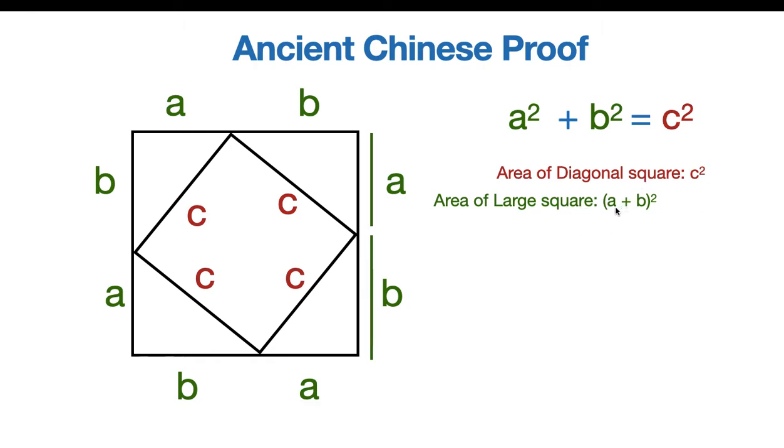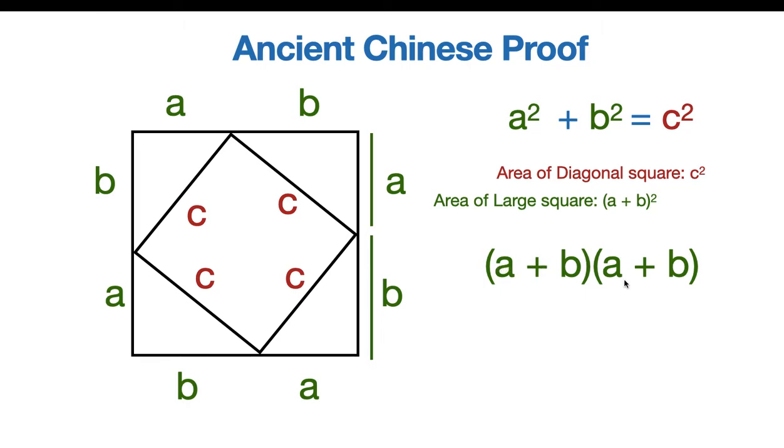And we can expand (a plus b) squared. Since (a plus b) squared is just (a plus b) times (a plus b), we can use the distributive property to do this. So we have a times (a plus b) plus b times (a plus b). First we'll do a times (a plus b).